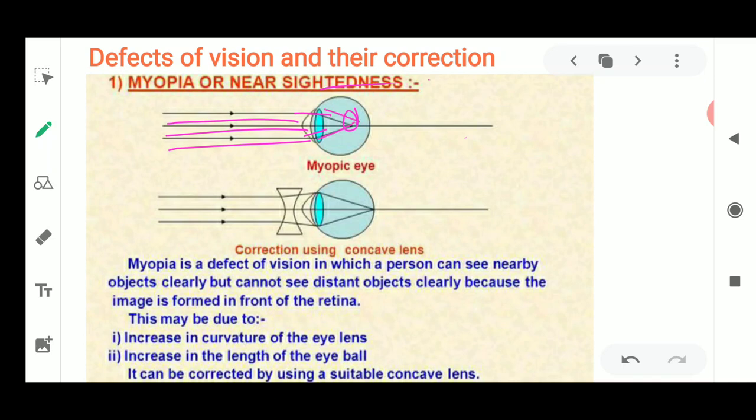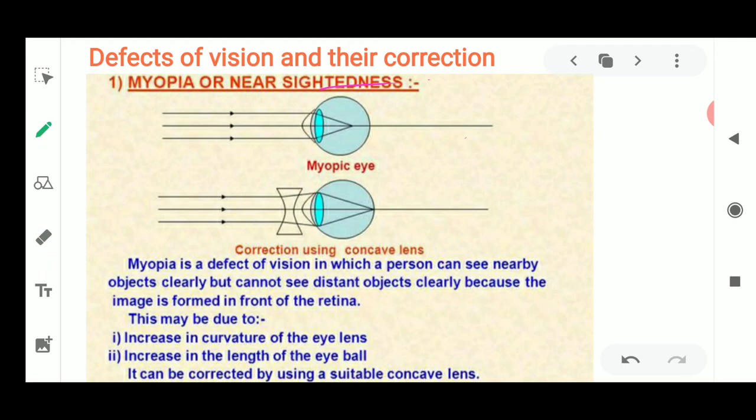They meet somewhere in front of the retina, because of which a person is not able to see clearly. So this is how nearsightedness arises and myopia occurs, because the image is formed in front of the retina.